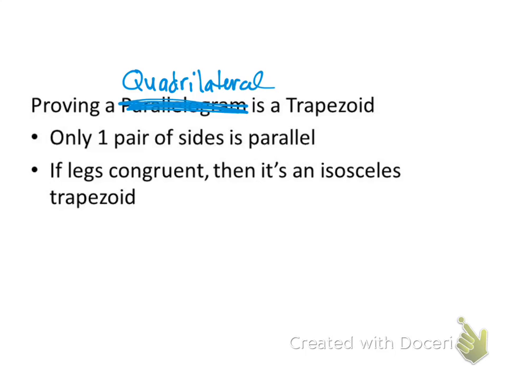And then if you decide that it's a trapezoid, you should look real quick to see if it's an isosceles trapezoid. If you know that it's a trapezoid and you see that the legs are congruent, then it's called an isosceles trapezoid.